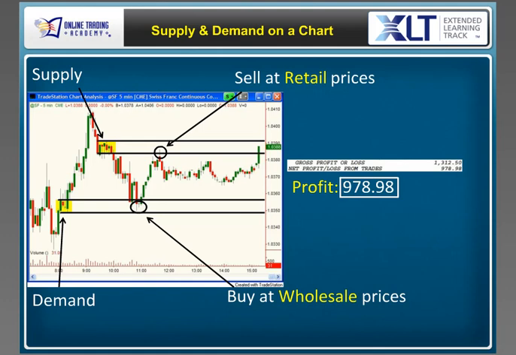And my question to you is, at price levels in any market where supply and demand is out of balance, do you get lots of trades or very few trades? What do you think? Yeah, I agree, very few, right? And that's because of the big imbalance.